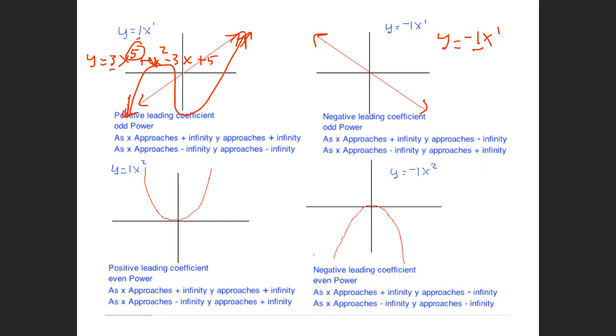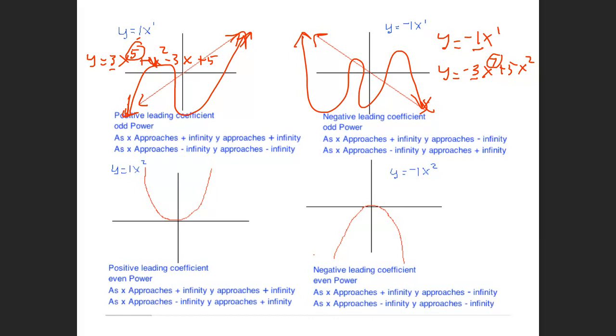For example, if I had y equals negative 3x to the 7th plus 5x squared, I don't know what the rest of this graph looks like, but I do know what the end behaviors are going to do. On the very left-hand side, it's going to go up, and on the very right-hand side, it's going to go down. That is what the leading coefficient and the degree tell us.